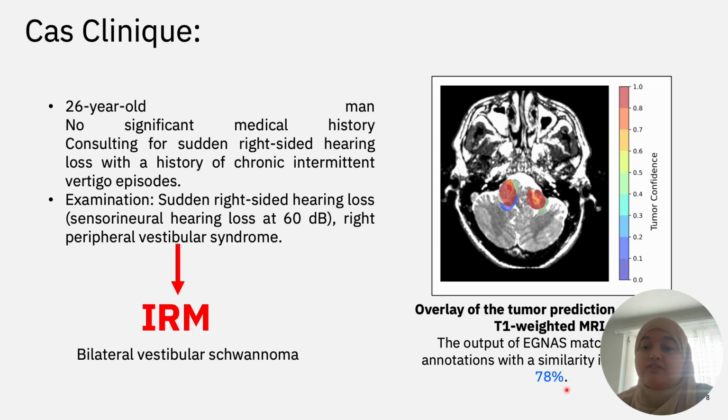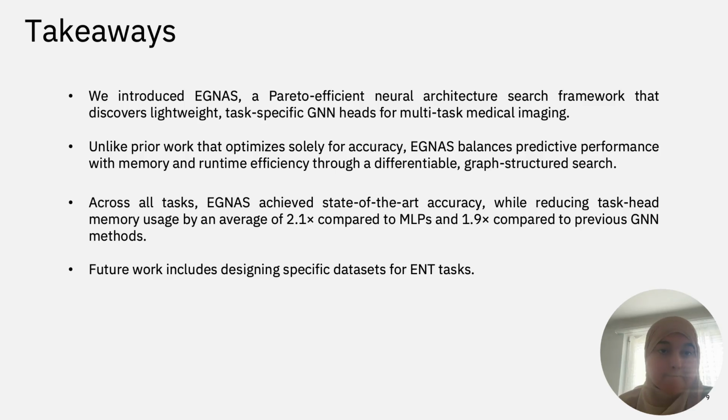It detects 78% similarity between the ground truth, annotated by the doctor, and the prediction. It is quite impressive, given that the model is not trained for this task specifically. It is trained for a generic number of different tasks, but it can detect the tumor quite confidently.